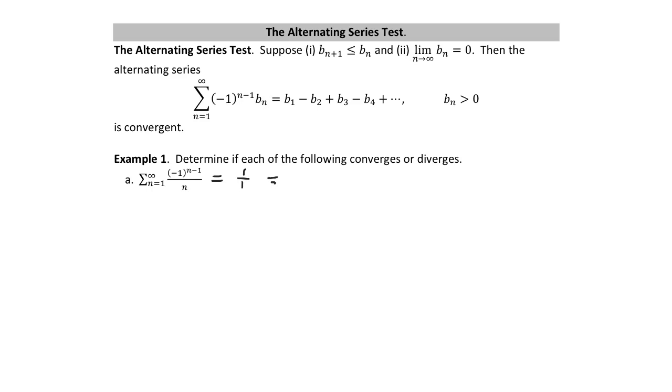The next term has a denominator of 2. The numerator is negative 1 to the 2 minus 1. 2 minus 1 equals 1. Negative 1 to the first is negative 1. And then we'll see that these will alternate in sign. Minus 1/4, plus 1/5, minus 1/6, and so on.